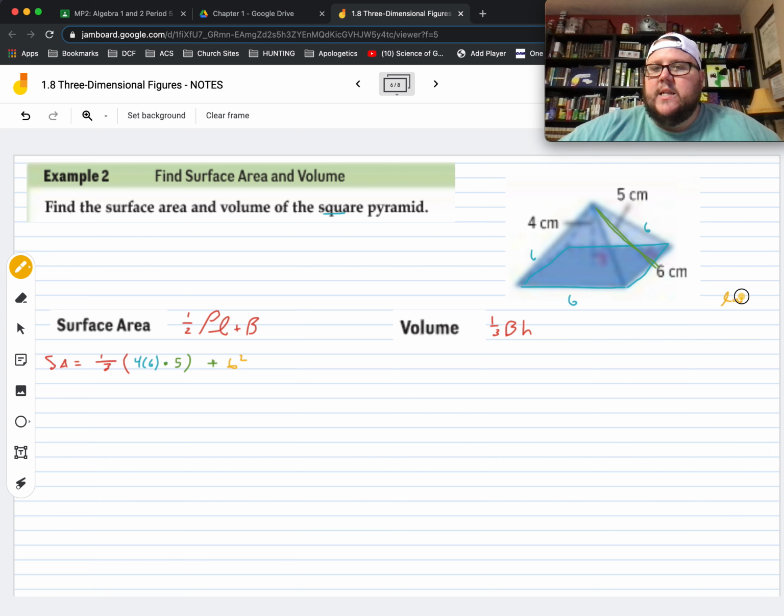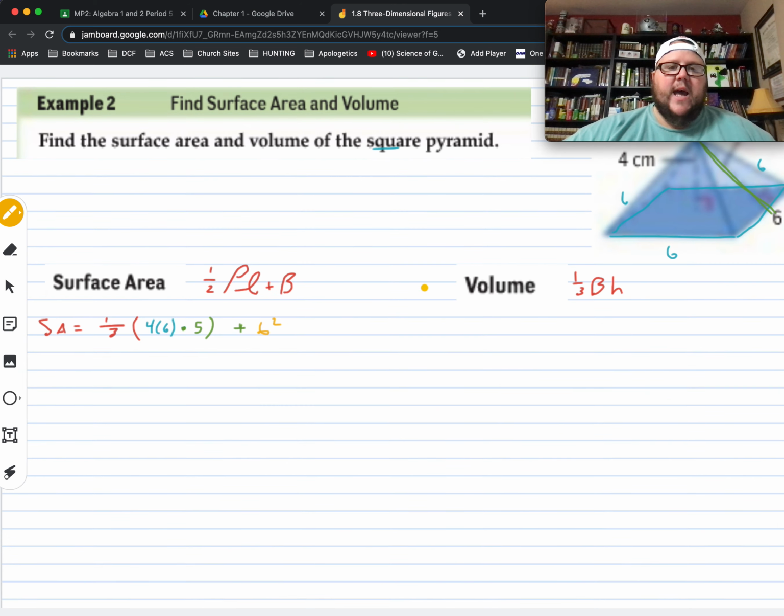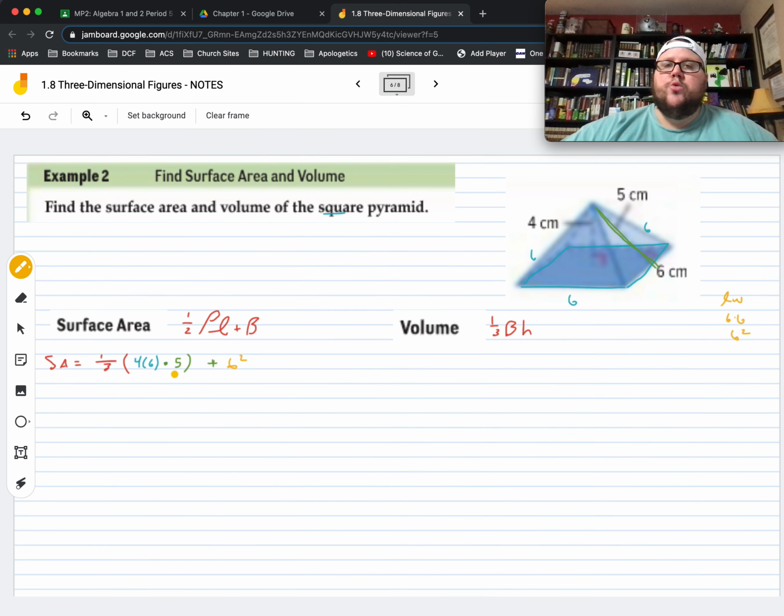So length times width, 6 times 6, which is 6 squared. Okay? So now I'm going to go over here and do my math. So 1/2, 4 times 6 is 24, times 5 still, plus 6 squared is 36.